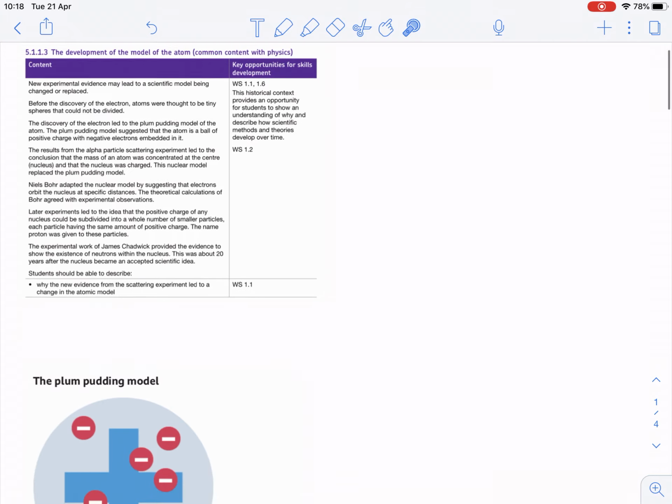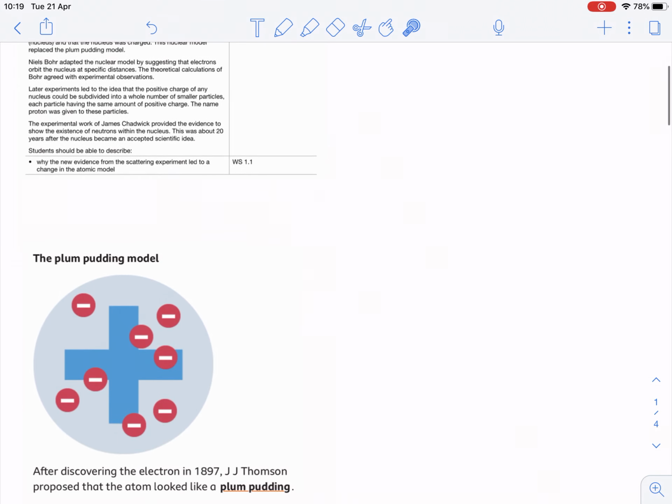But actually, what ended up happening is a gentleman called J.J. Thomson made the discovery of the electron in 1897, and that led to a model of the atom being proposed that was different to just the idea of a sphere. That model was known as the plum pudding model.